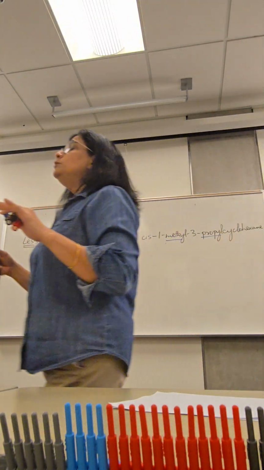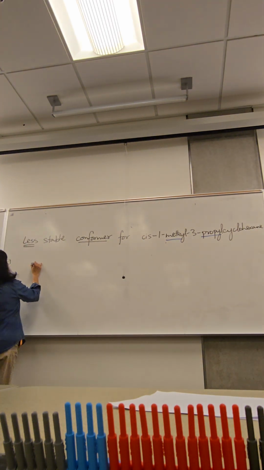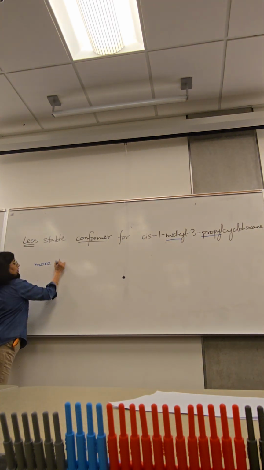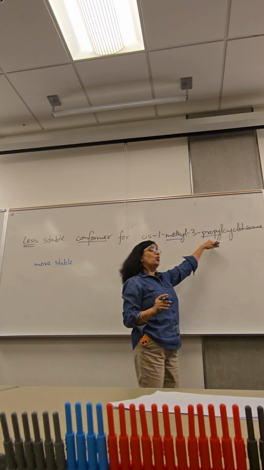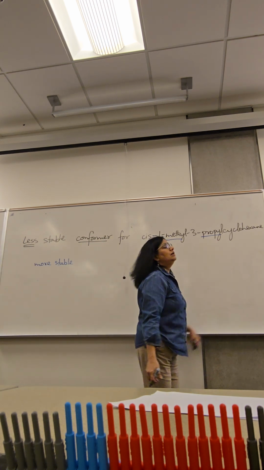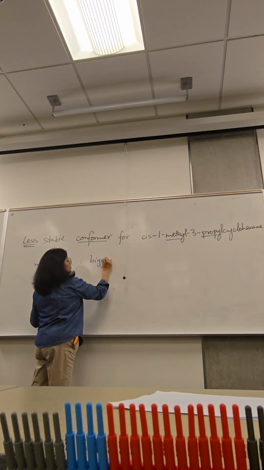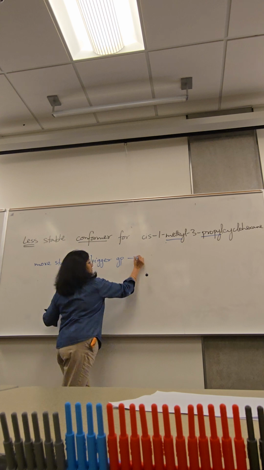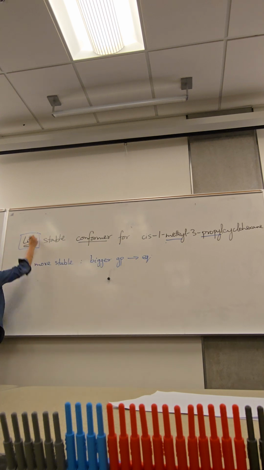So for the more stable conformer, what position would the bigger group want to be in? Equatorial. For the more stable, the bigger group wants to be in the equatorial position. Isn't that right? But they asked us for the less stable.